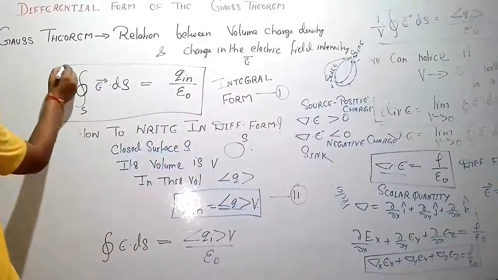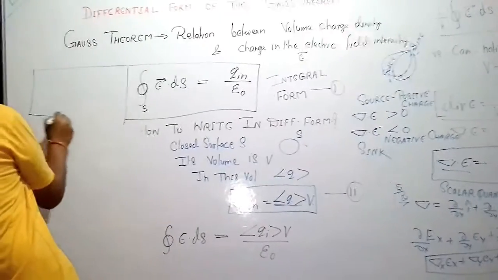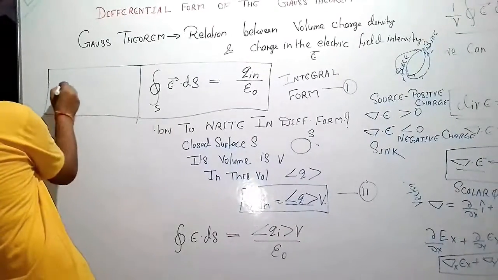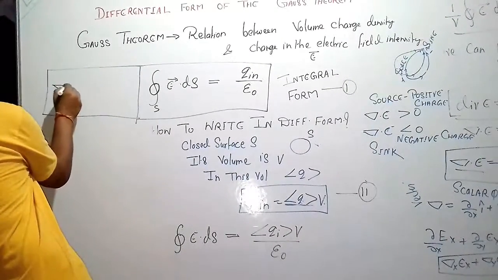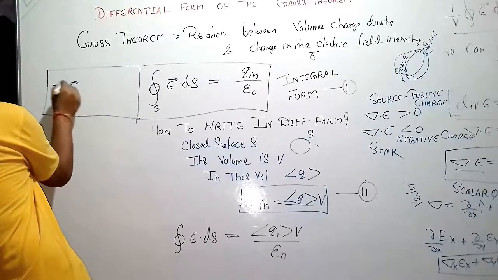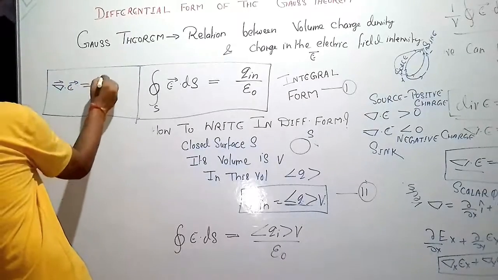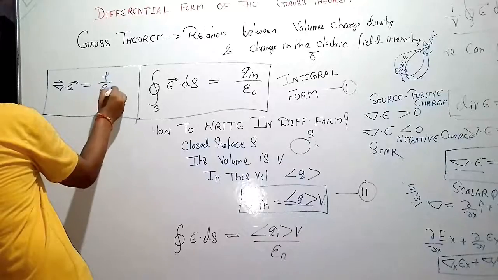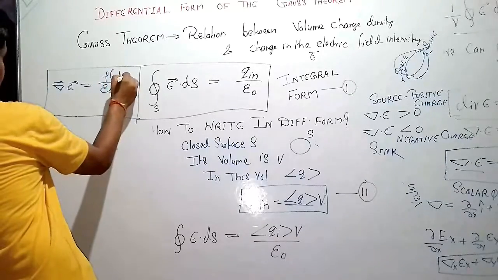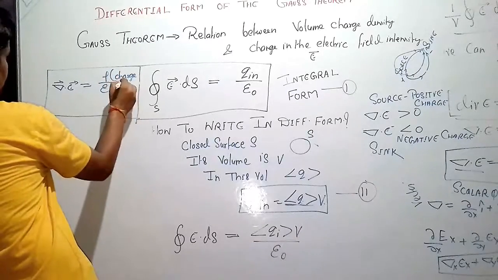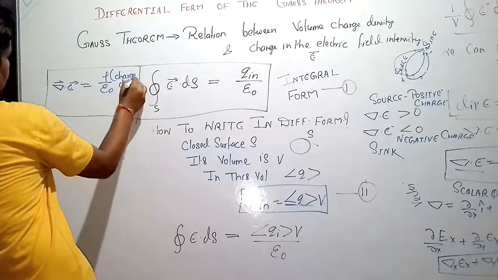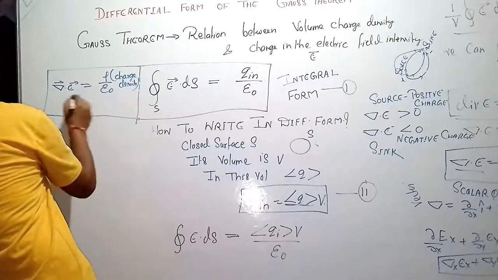So we can write here the divergence of E equal to rho divided by epsilon naught, the charge density divided by epsilon naught.